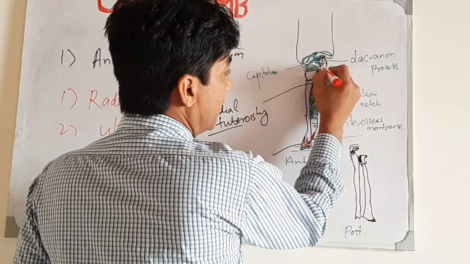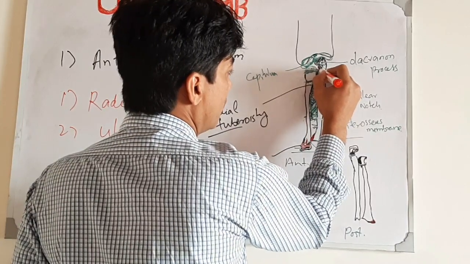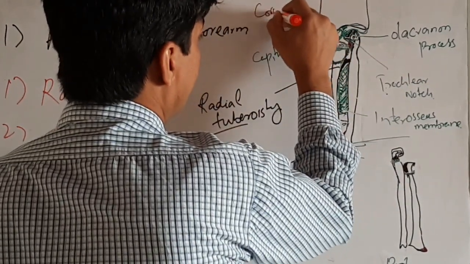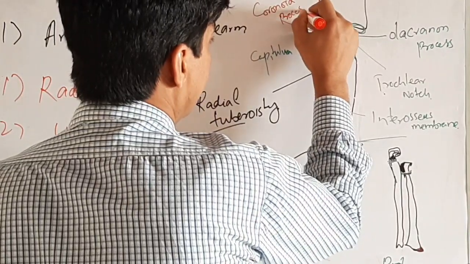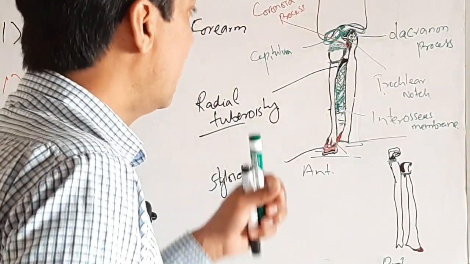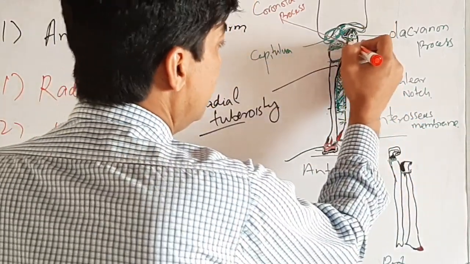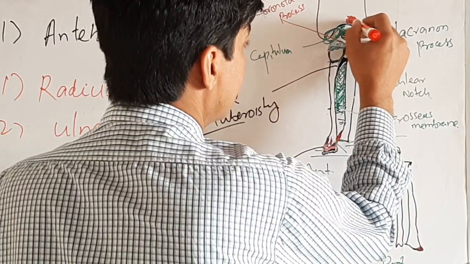Just distal to the olecranon process, there is a short process that is called the coronoid process, which is attached when we flex our arm, and it attaches over here, that is the coronoid fossa.